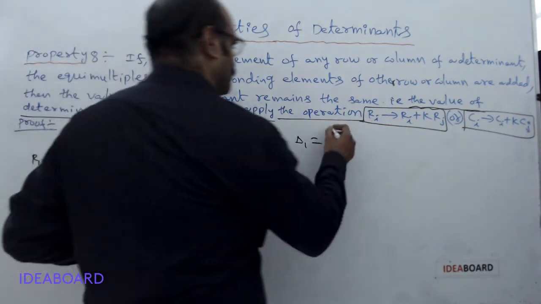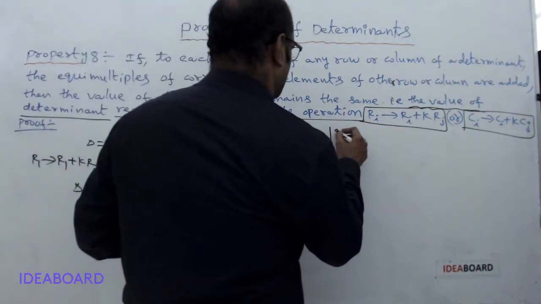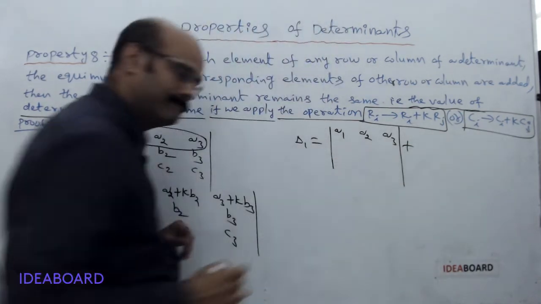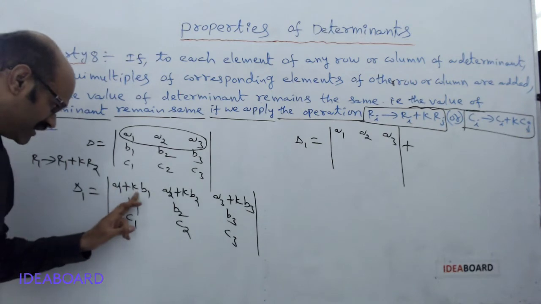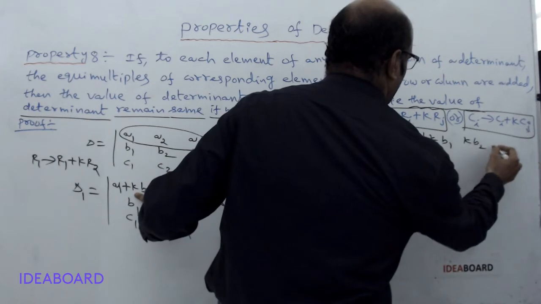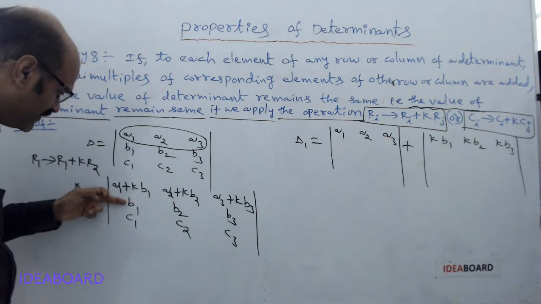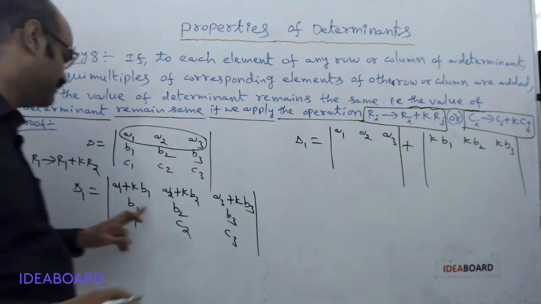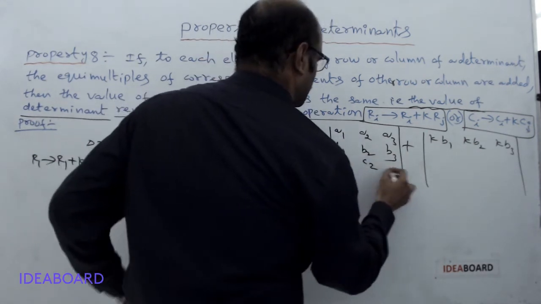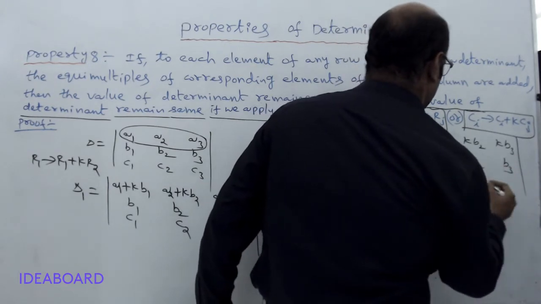So it will be equal to A1, A2, A3 plus, next we are having A1 plus KB1, so we write it in the other determinant as KB1, KB2, KB3. The remaining two rows will be the same here. So B1, B2, B3, C1, C2, C3. Here also the same, B1, B2, B3, C1, C2, C3.